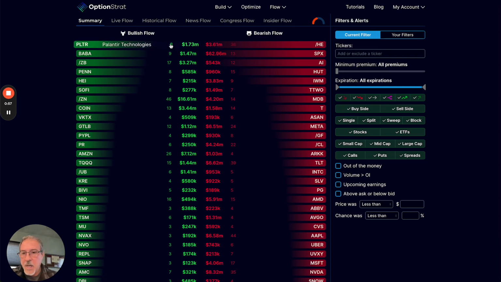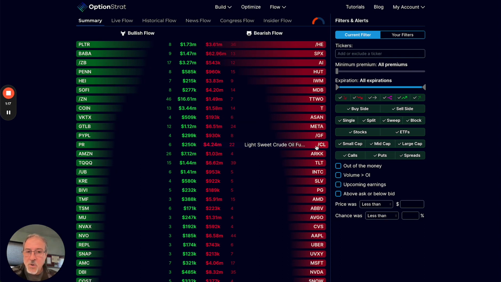It quickly tells me what trades are going off out there that are giving a bullish sentiment to a specific stock, what trades are going off giving a bearish sentiment. The other thing you'll notice here, this symbol that has a slash in front of it.